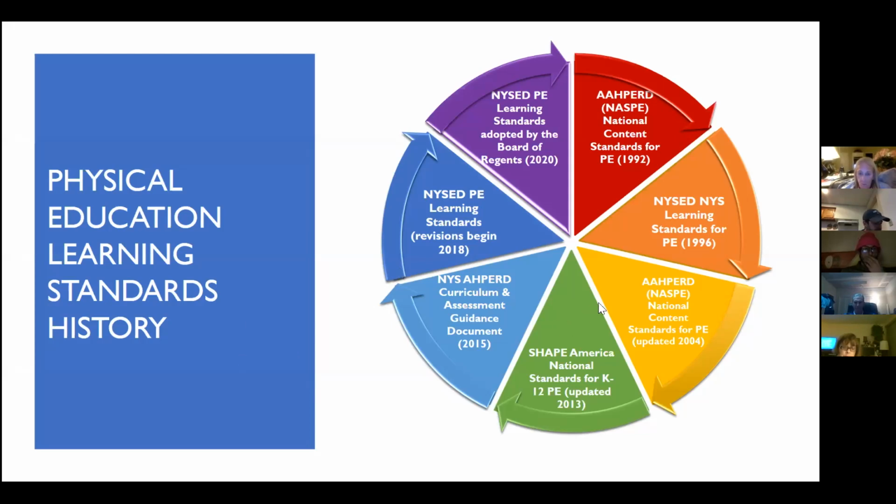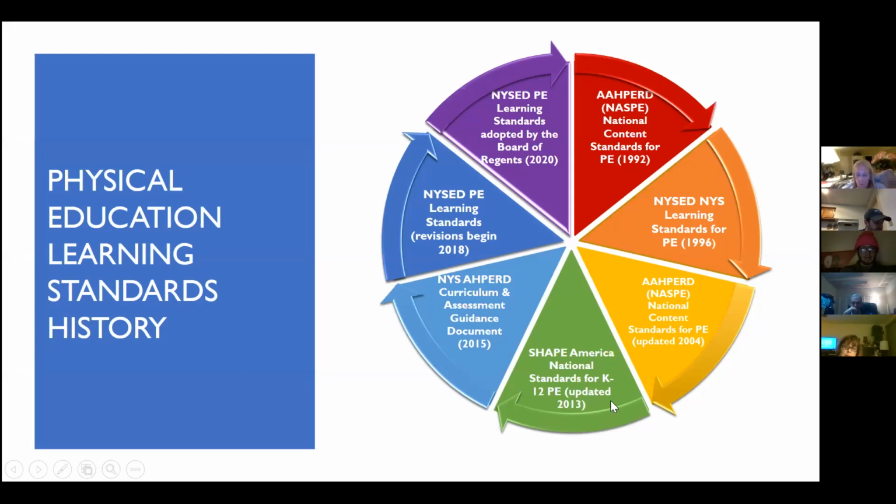In 2004, our national association, AHPERD, revised the national content standards, moving from 7 down to 6, while New York State was still holding true at 3 standards.